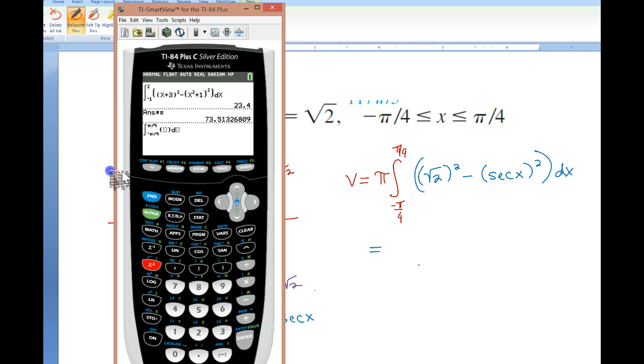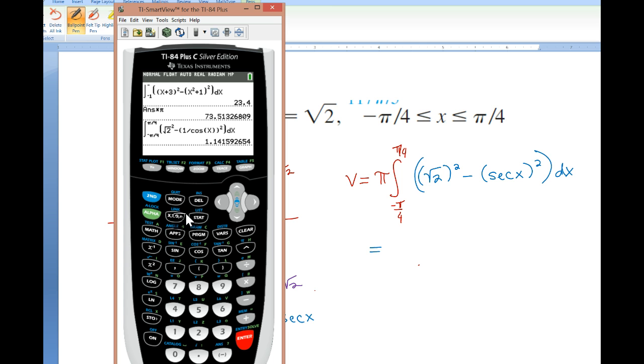And then we have square root of 2 squared, and then minus 1 divided by cosine of x squared, and then we'll put in the dx.